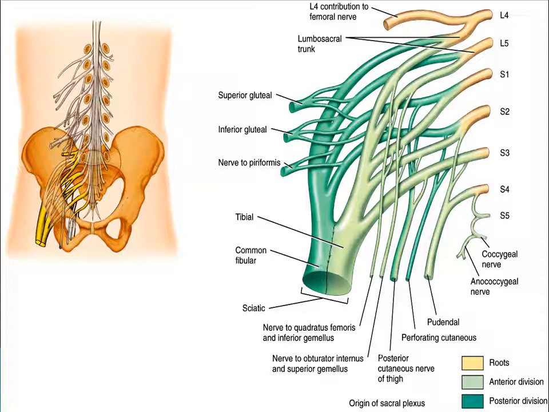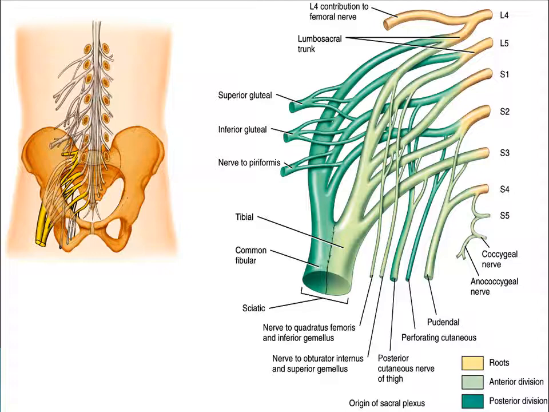So it's the anterior divisions of L4, L5, S1, S2, and S3 that give us the tibial nerve. It's the posterior divisions of L4, L5, S1, and S2 that give us the common peroneal portion of the sciatic nerve.